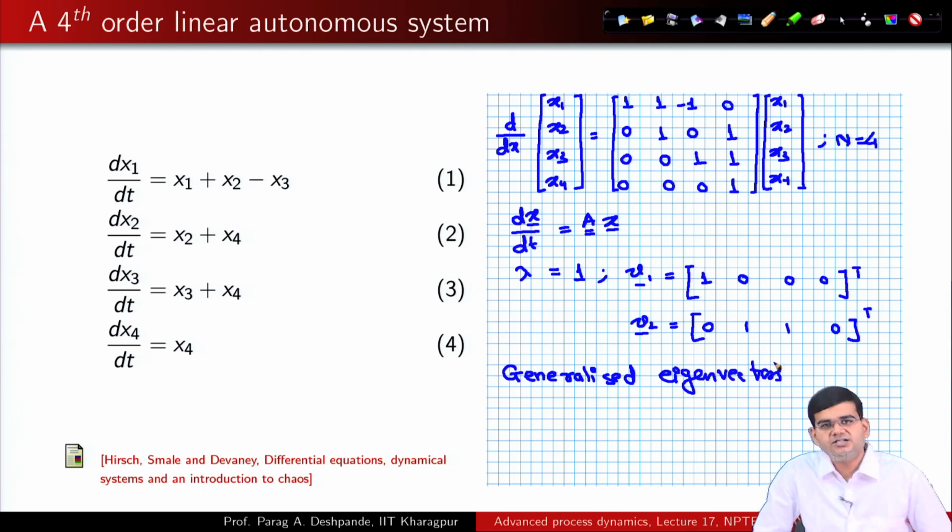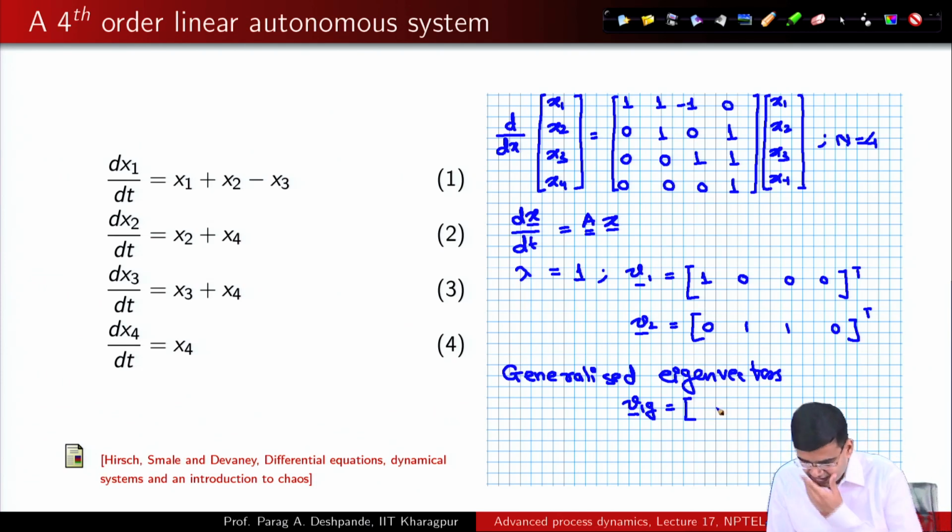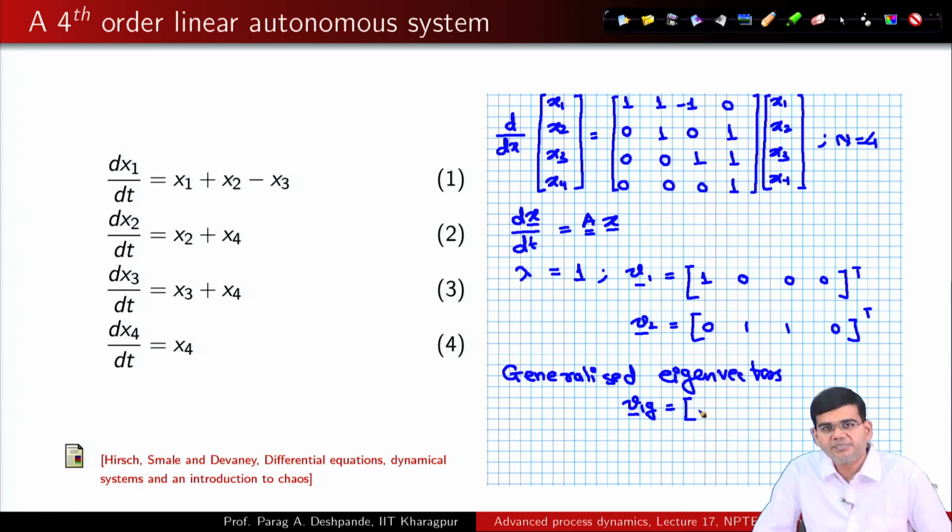I assume that you have revised the method to determine the generalized eigenvectors. I will write the generalized eigenvectors here. Please make sure that you confirm that this is also what you get. So, I will write generalized eigenvector v 1 g, because that is the eigenvector which I will get from v 1. Okay.